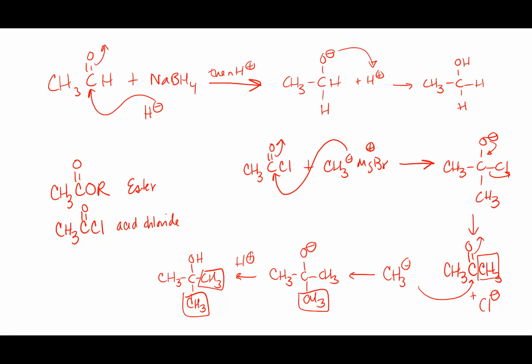So if I want a mixture of these three products, just use 1 molar equivalent. Well, I don't. So what am I going to do? I'm going to say, you know what? Let's use 2 equivalents or excess.